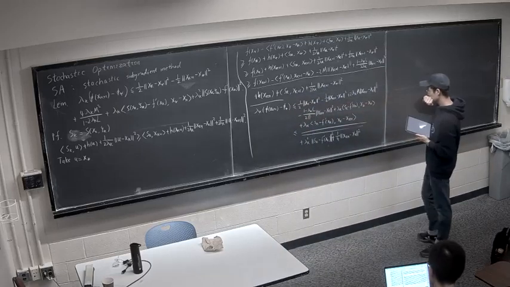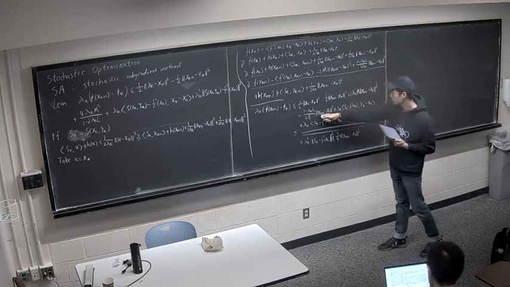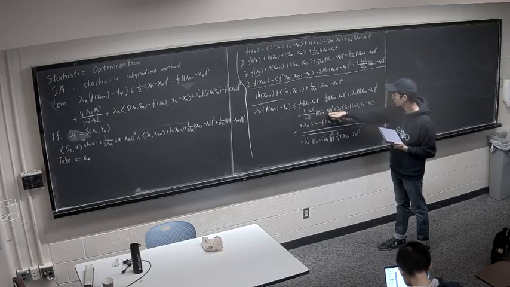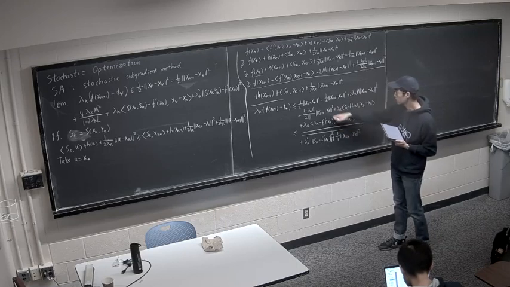And now, so here we have this term. This one is in terms of the distance between xk plus 1 and xk, and the norm of sk squared. And here is the same thing, right? We need to combine these two together.